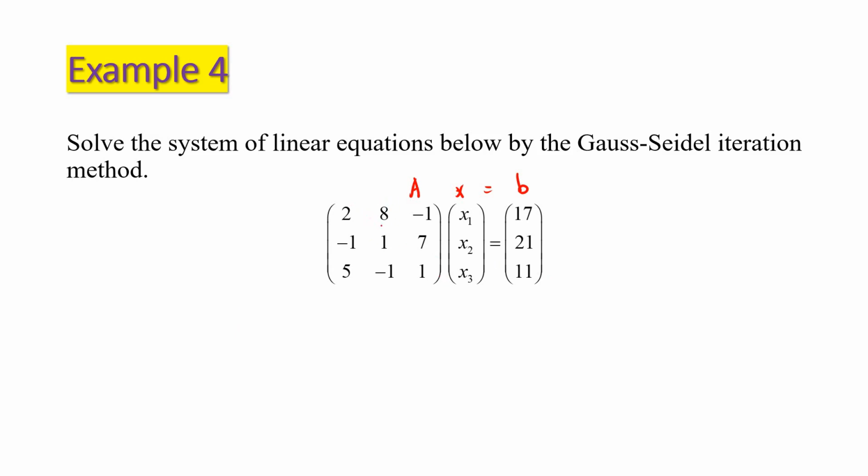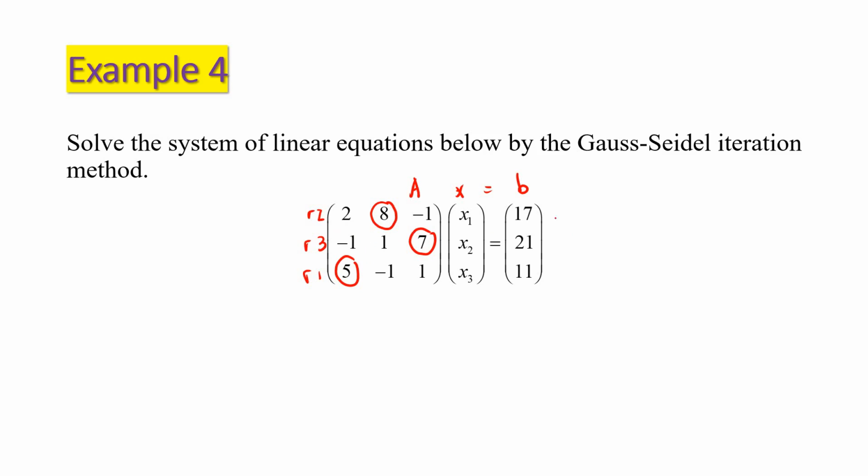Observe here, 8 is greater than 2 plus 1, so this will be row 2. 7 is greater than the magnitude 1 plus 1, so this is row 3. 5 is greater than 1 plus 1, so this will be row 1. So take out the whole row.